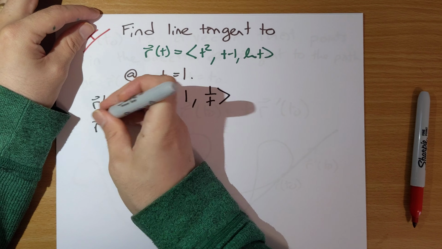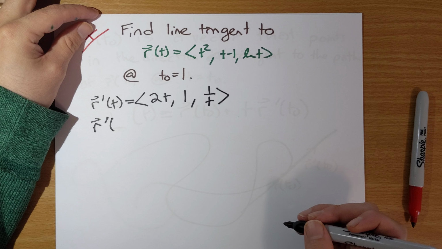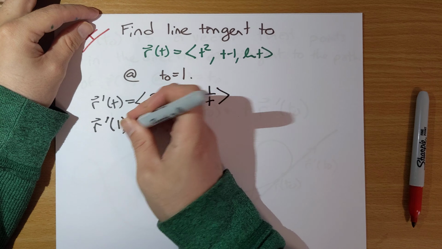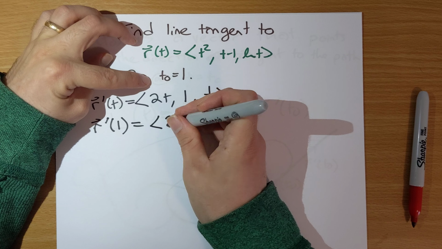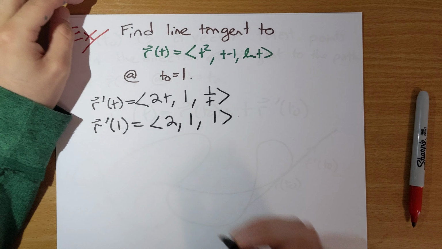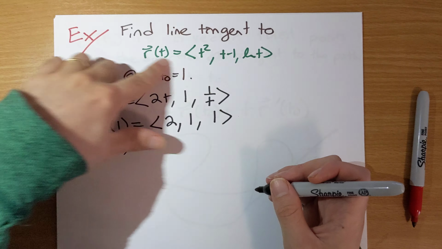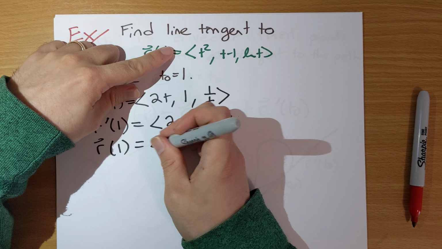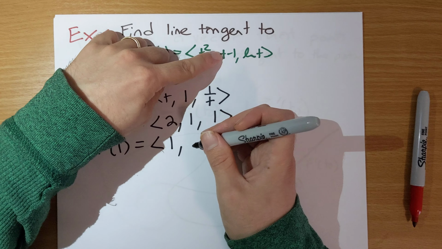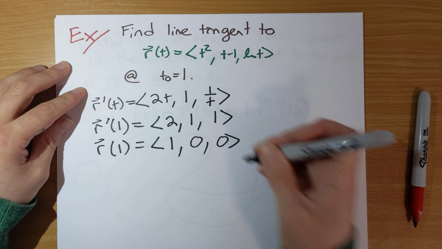r prime of 1 will be 2 times 1, 1, and 1 over 1. And let's not forget that we need r of 1 itself. So that would be 1 squared is 1, 1 minus 1 is 0, log of 1 is 0.